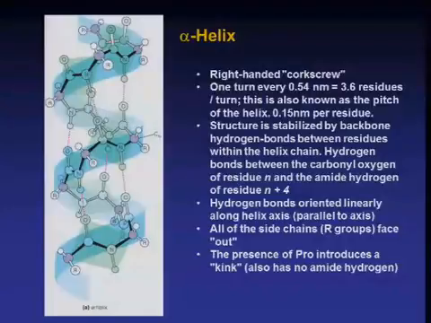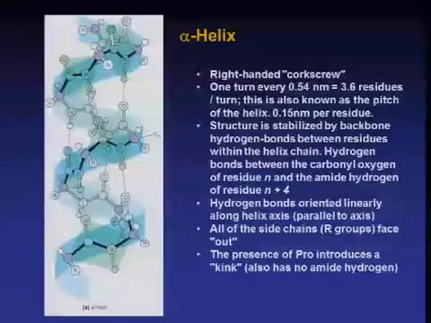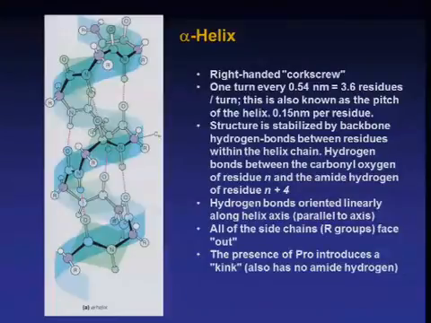And in this case, you have, let's say here is a nitrogen, part of the amide bond, the peptide bond. Here is the hydrogen, and it is hydrogen bonding with this oxygen, which is part of this amino acid, which is 4 away.